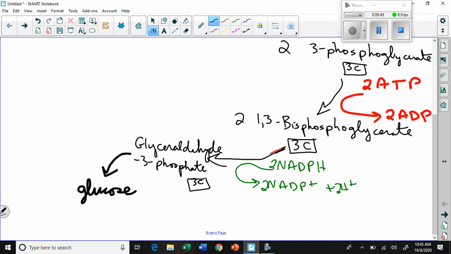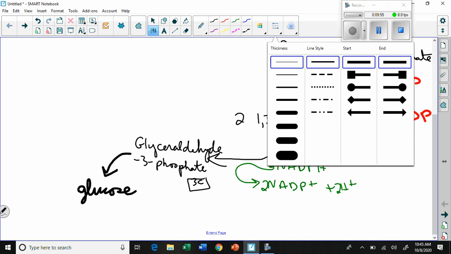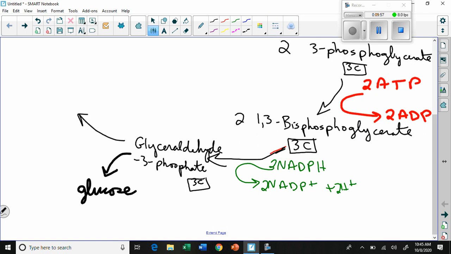Now that's 1, right? The rest of them, after 3 spins through, go this way and produce ribulose bisphosphate, not biphosphate.